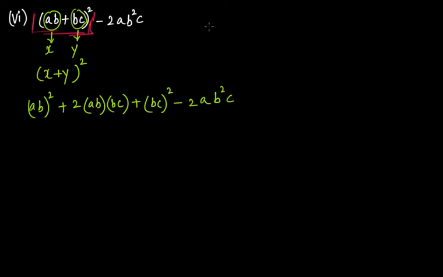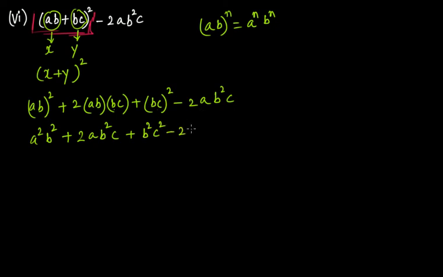Now (ab) raised to the power n is actually equal to a raised to the power n multiplied by b raised to the power n. So this is a squared b squared plus 2a, then b multiplied by b is b squared, and you have c here, then plus again b squared c squared, and this is minus 2ab squared c.